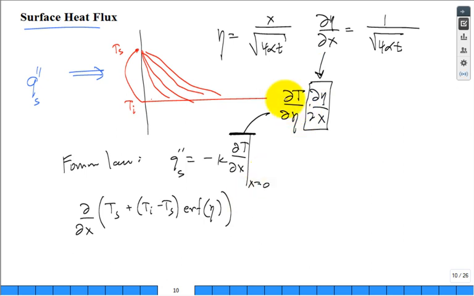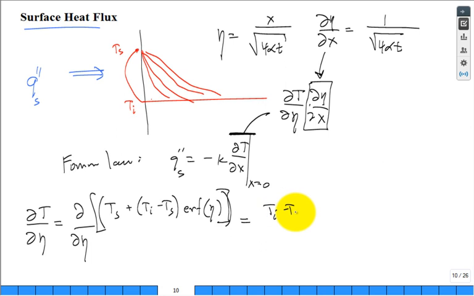It's the partial of temperature with respect to eta. Because if I come down here, I have the partial of temperature with respect to eta is equal to the partial of all of this with respect to eta, which becomes Ti minus Ts times the derivative of the error function of eta with respect to eta.